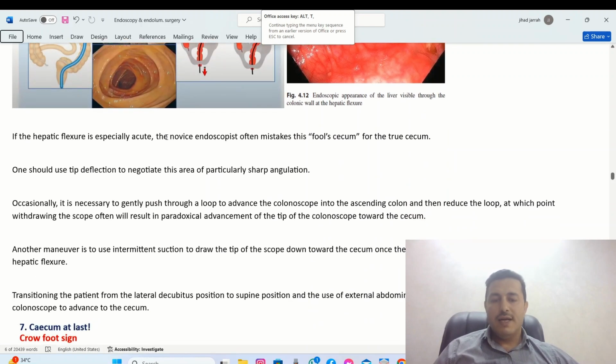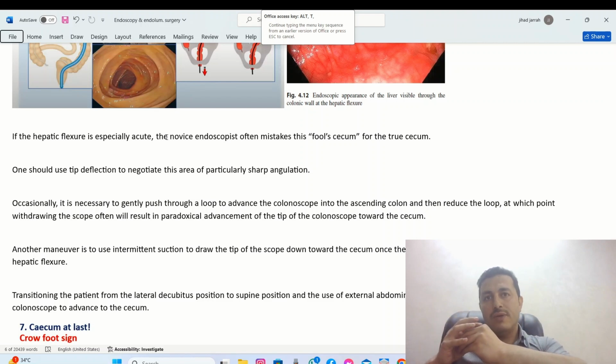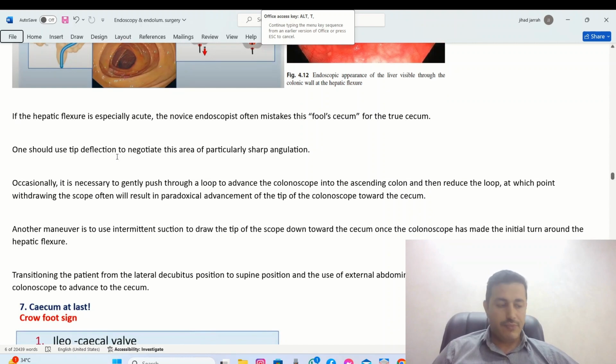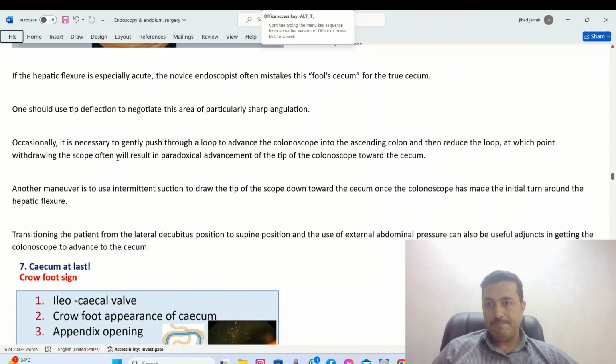How will suction help? When you do intermittent suction, the scope will go further down in the ascending colon, and an accordion effect of the colon will happen. The patient can be put in supine position when navigating the ascending colon. This will help with the use of abdominal pressure.